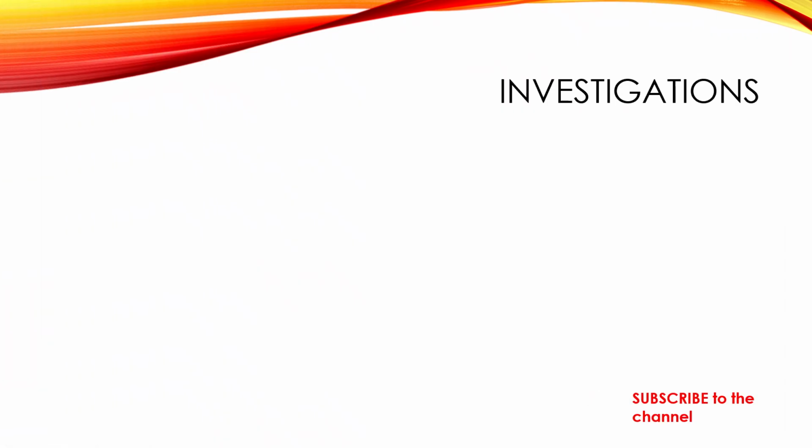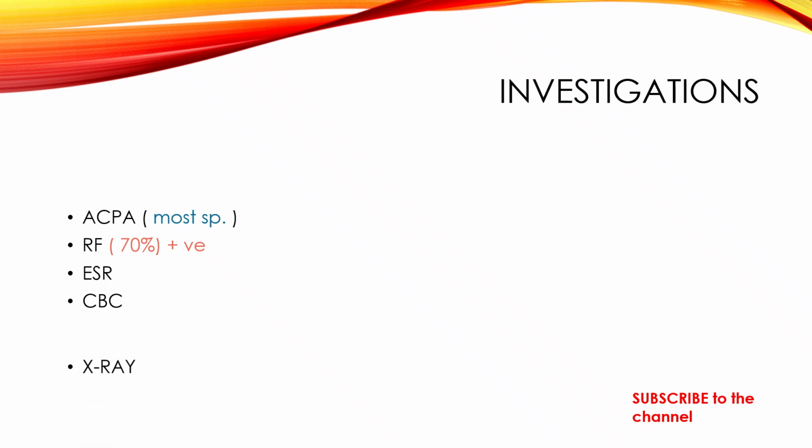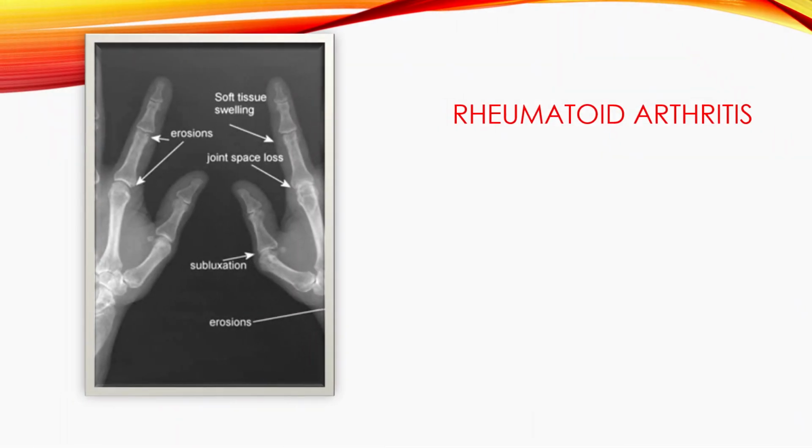So investigations: ACPA, the most specific; rheumatoid factor, which is positive in 70% of cases; ESR, CBC, X-ray, and lastly C-reactive protein. So let's talk about the extra findings of rheumatoid arthritis.